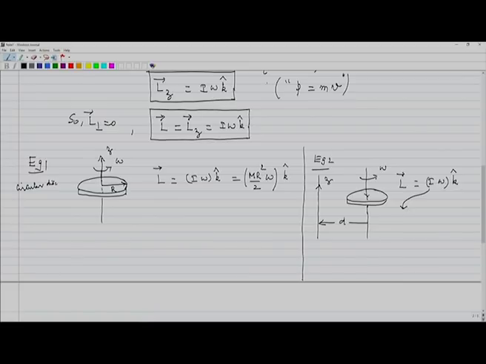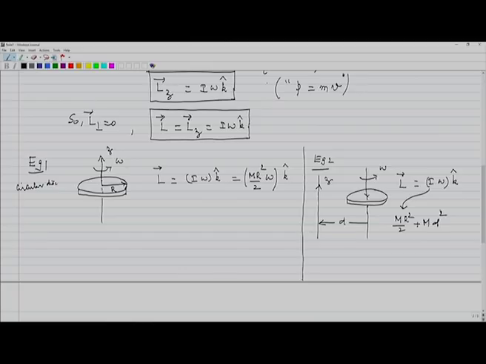The moment of inertia about the symmetry axis is m r squared by 2, but we are calculating with respect to the z axis, therefore we add m d squared.